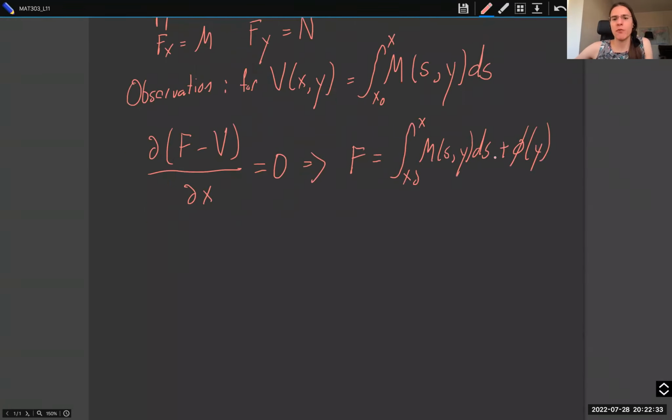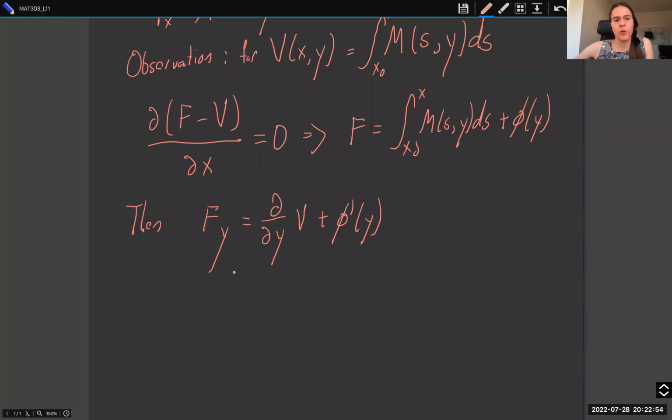Well, then what's the unknown function of y? Then f sub y is equal to the partial of v with respect to y plus phi prime of y. This lets you solve for phi prime of y, then integrate.